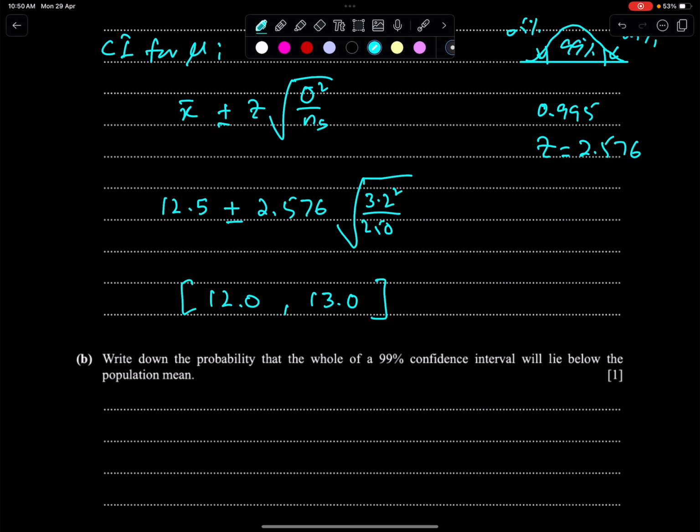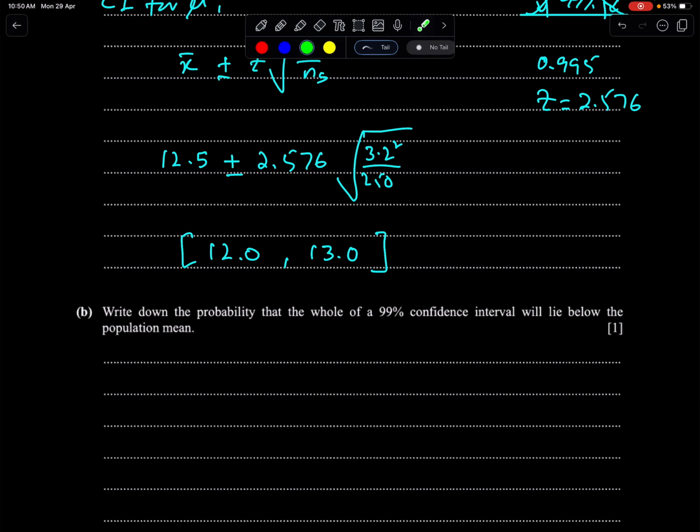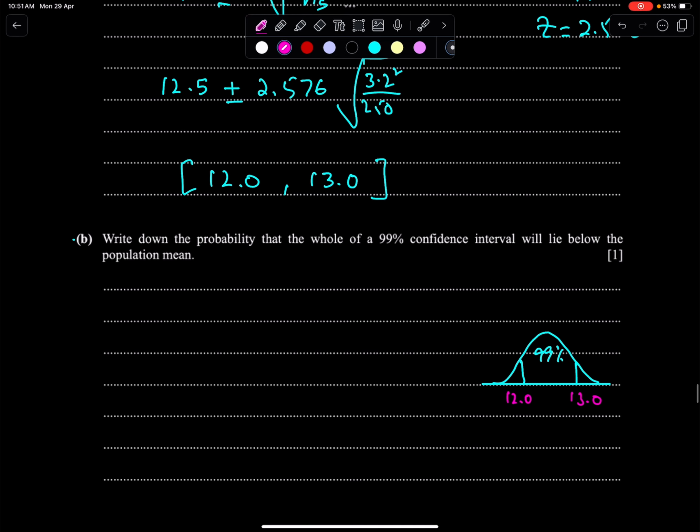Second part of this question, write down the probability that the whole of a 99% confidence interval will lie below the population mean. Before solving this part, first understand the meaning of this confidence interval on the normal distribution sketch. This area is 99% and 13.0 is the upper limit of the confidence interval and 12.0 is the lower limit.